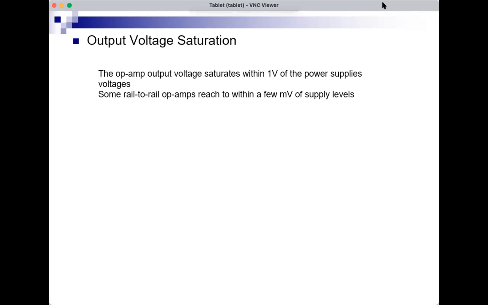It cannot increase beyond 10 or drop below minus 10. And we've seen this, and it causes clipping in the waveforms and distortion. But this also happens at the output of an op-amp. We get output voltage saturation.